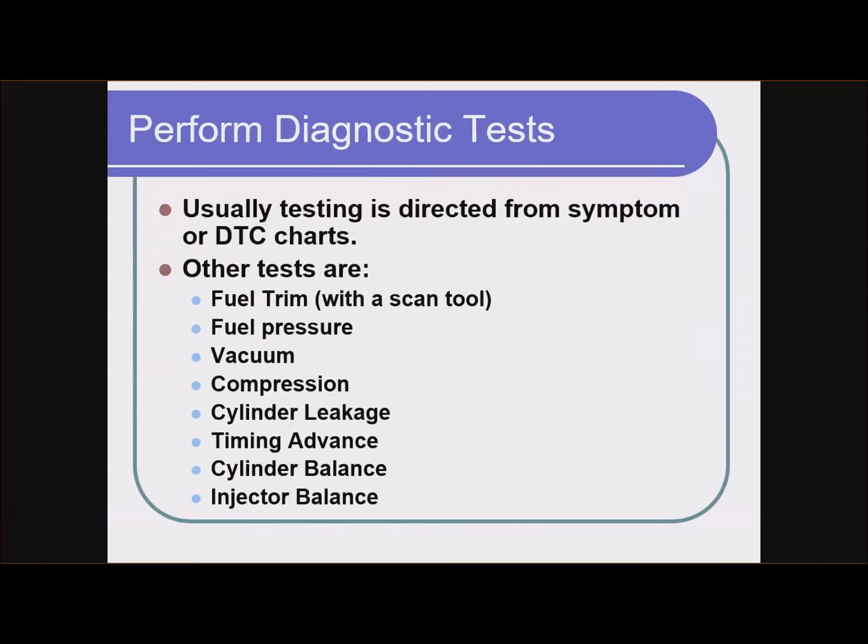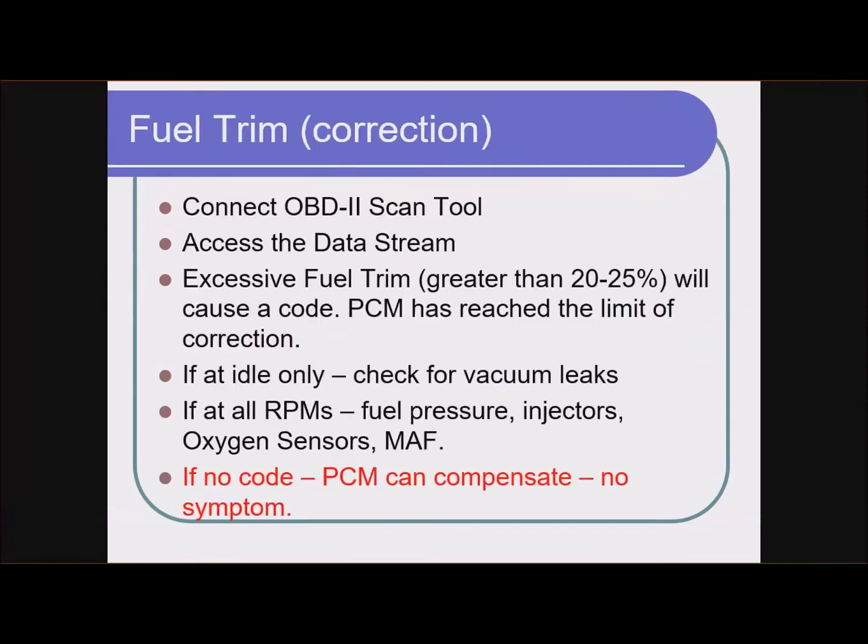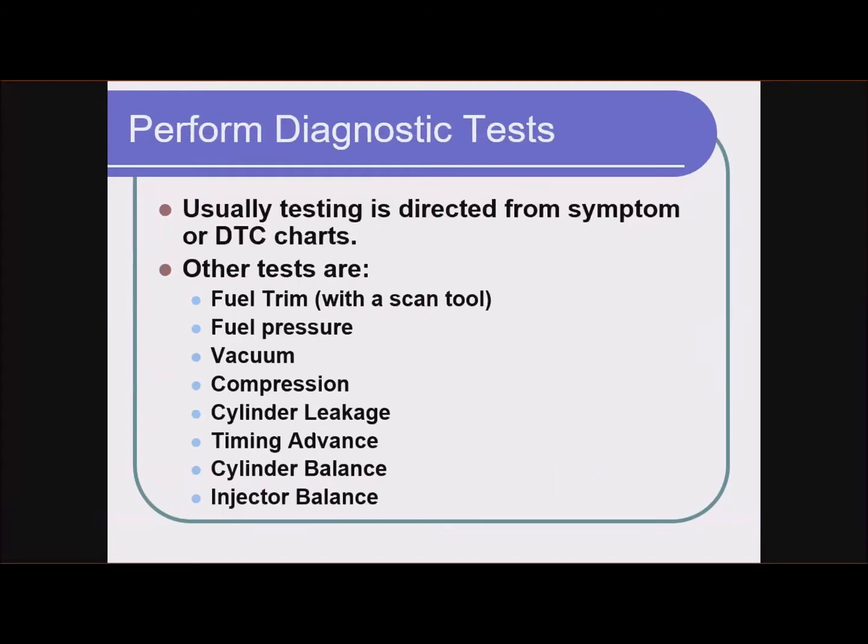And we just did fuel trim last week. And the thing about fuel trim, just as a reminder, is it's an indication of how much the computer is having to correct for something that's a little bit off with the engine, or possibly a lot off.